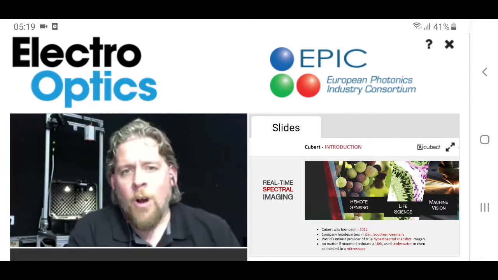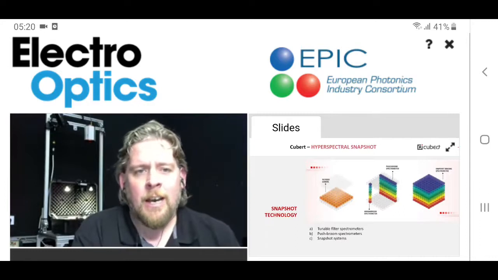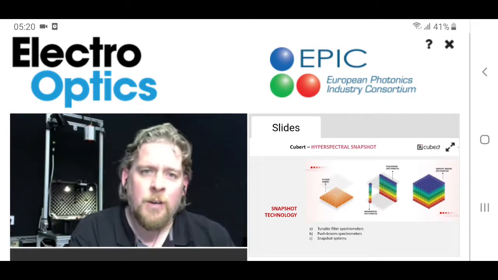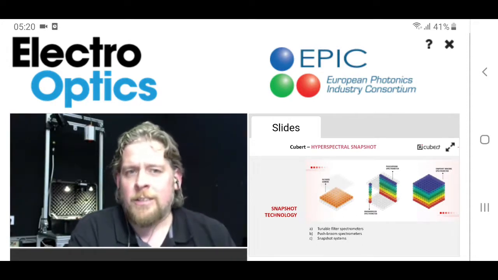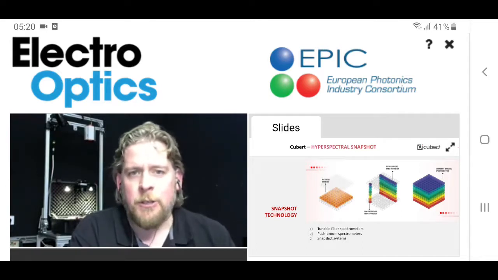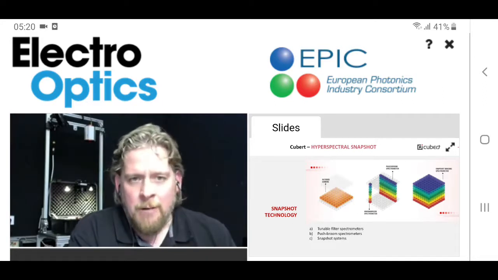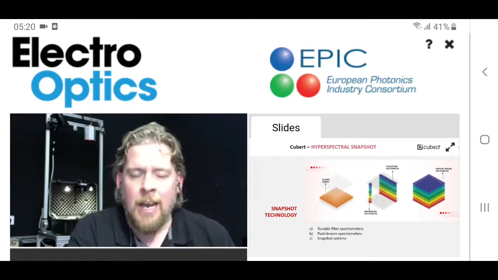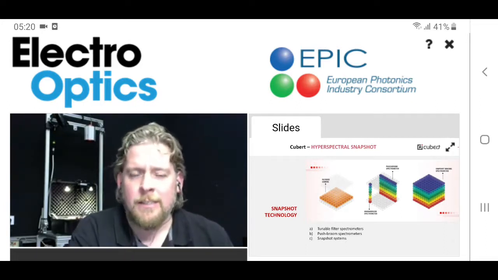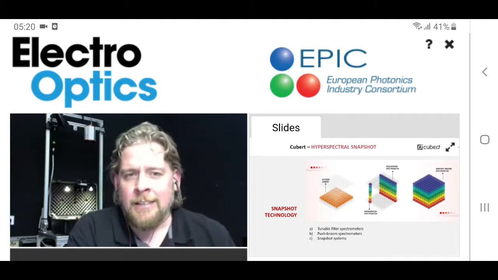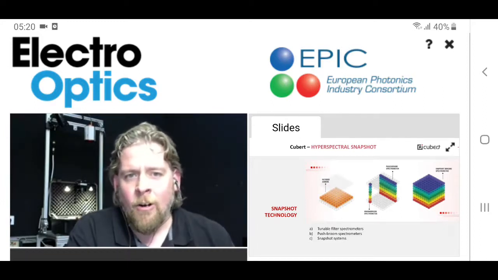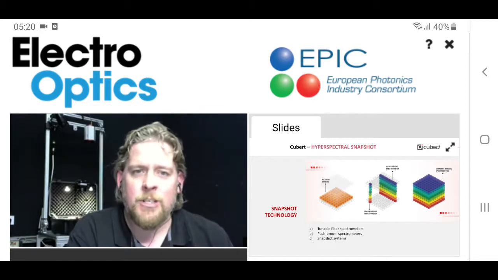And what are the impacts of snapshot hyperspectral imaging? To understand that, it is important to understand what snapshot technology means. There are plenty of ways to generate a hyperspectral cube. Very commonly in use at the moment are two techniques. The one is you apply a filter wheel, shown on the left in this image, and scan through different channels, and subsequently add all these single images together to generate a cube.